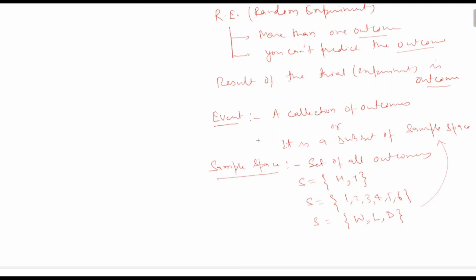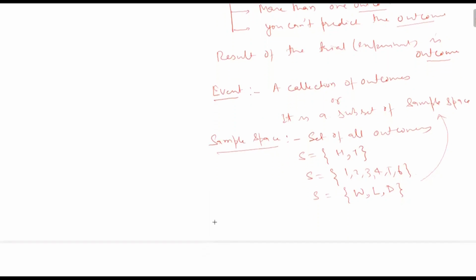I could define one of my events as follows. If you throw a die, I say that I get an even number. If I get an even number, it means that I get a 2 or a 4 or a 6. So this is a collection of outcomes: getting an even number on a throw of a die.